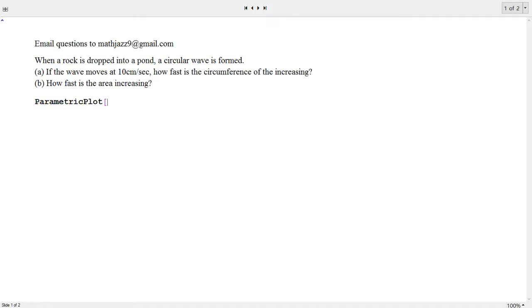The equation for a circle is going to be sine of theta, cosine theta, and theta will vary from 0 to 2 pi.